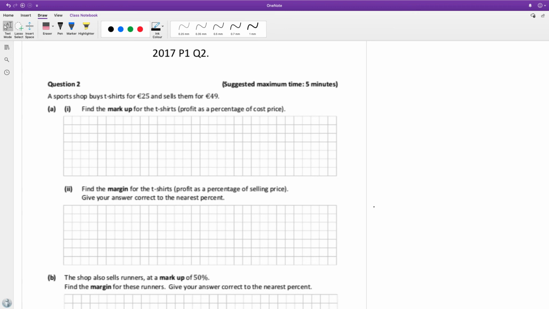So, what is markup? Profit as a percentage of cost price. What is the profit? 24 euro over cost price, which was multiplied by 100, which is equal to 96%. Good stuff, right? Next bit.